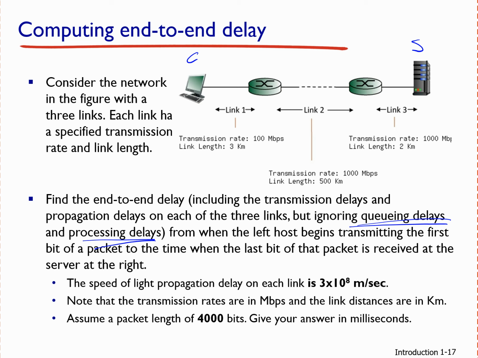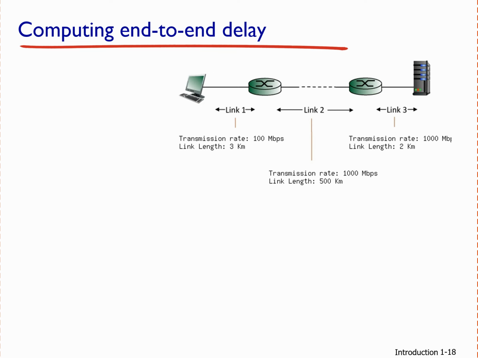The propagation speed is 3 multiplied by 10 to the power of 8 meters per second, and the packet length is 4000 bits, and we need now to figure out the transmission and the propagation delay on each link to be able to measure the end-to-end delay. Let's look at the first link here, which is this one.